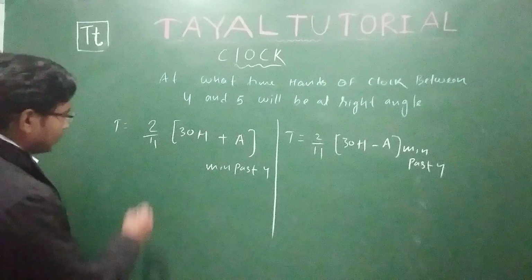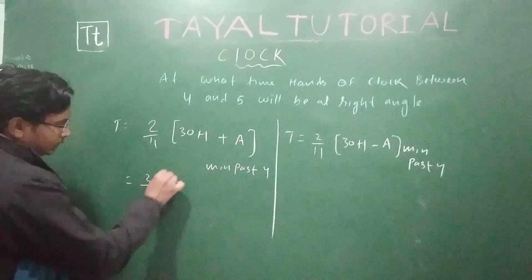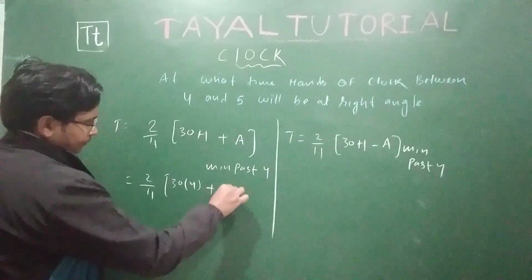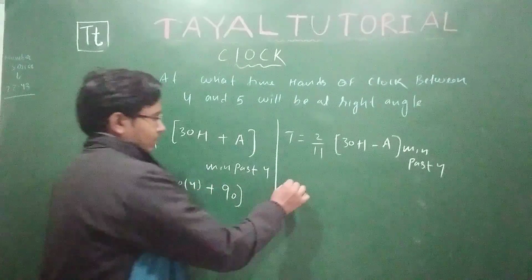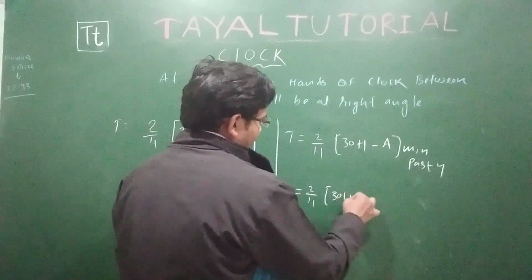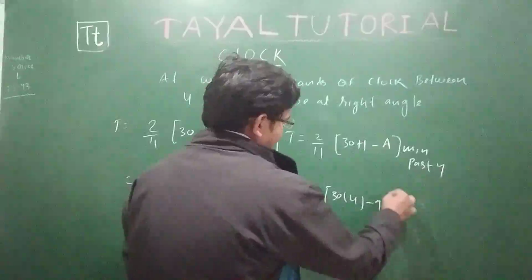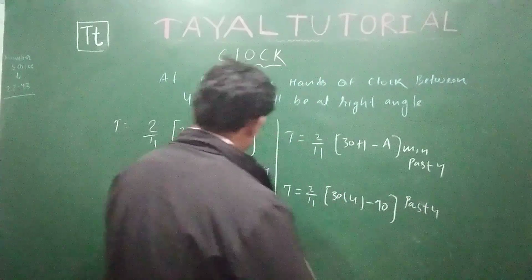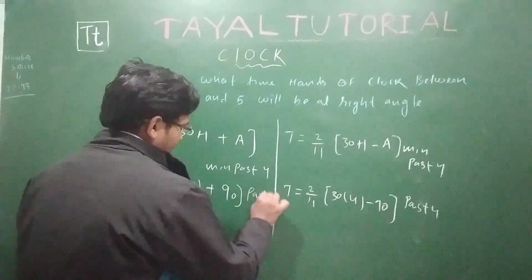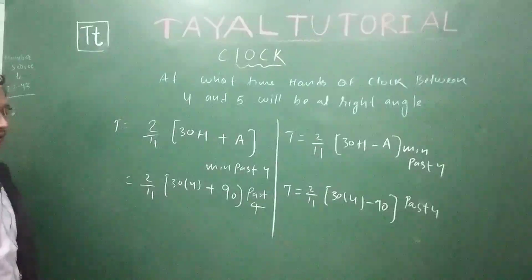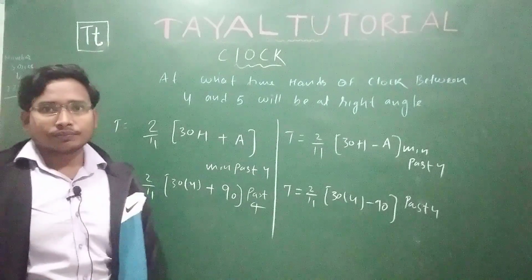So this is your 2/11 (30 into h, that is 4, plus 90). Now t is equal to 2/11 (30 into 4 minus 90) past 4. Solve it. That will be 120 plus 90.